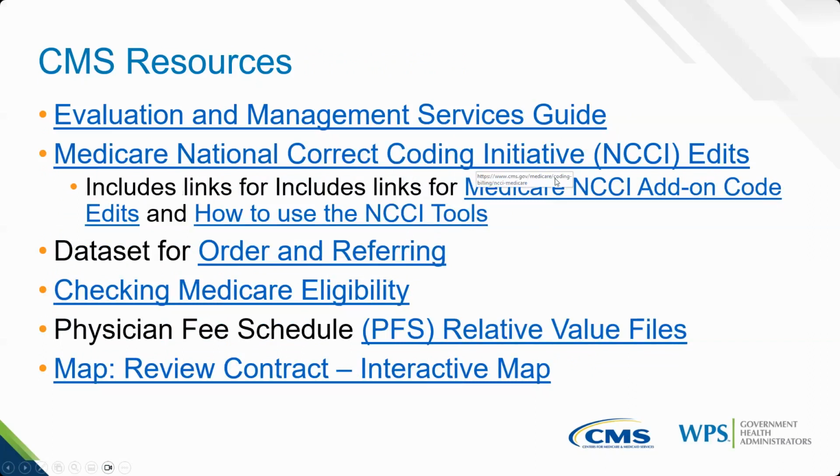Correct coding initiative edits. A lot of the rejections or denials today had to do with the ordering provider. A referring provider, not there. There's a data set out on the CMS website that gives you a list of all eligible ordering and referring providers, and it includes their identifiers. That's how you can get the correct identifier onto your claim.